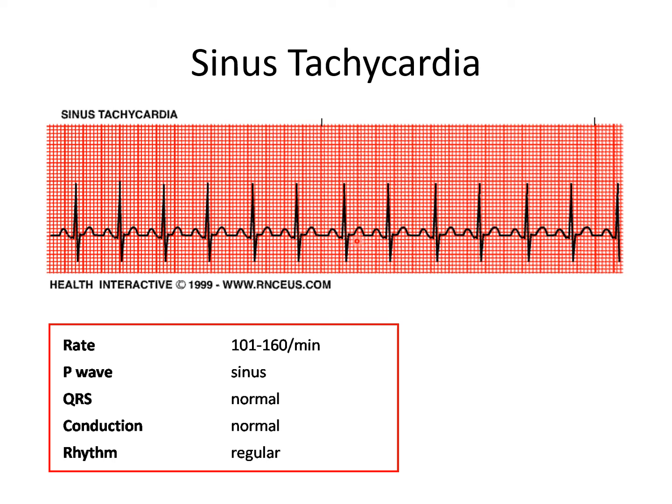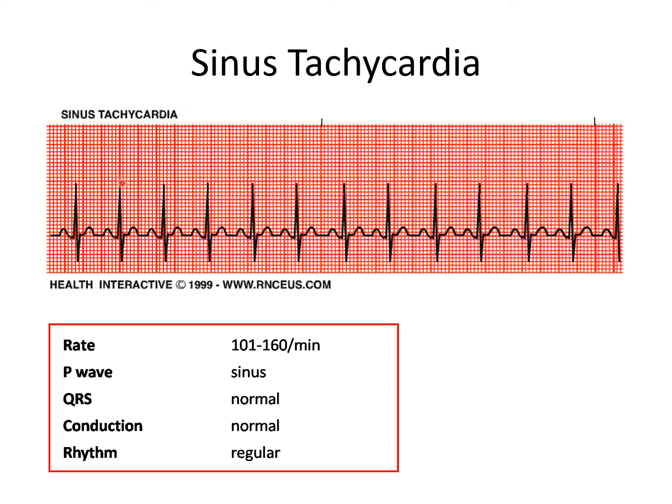Now also, while we're looking up here, I want you to look at the distance between the R to R's. Is the R to R distance the same? And you should say, yes, it is. And one way that we could find out is by using our calipers, and we'll do this in class.